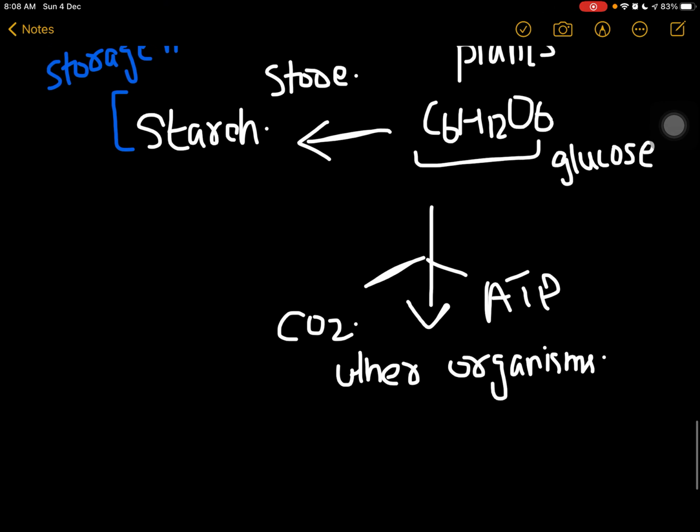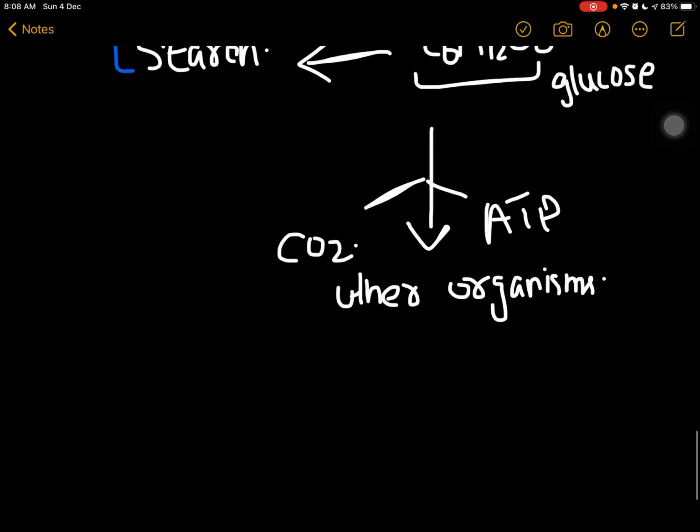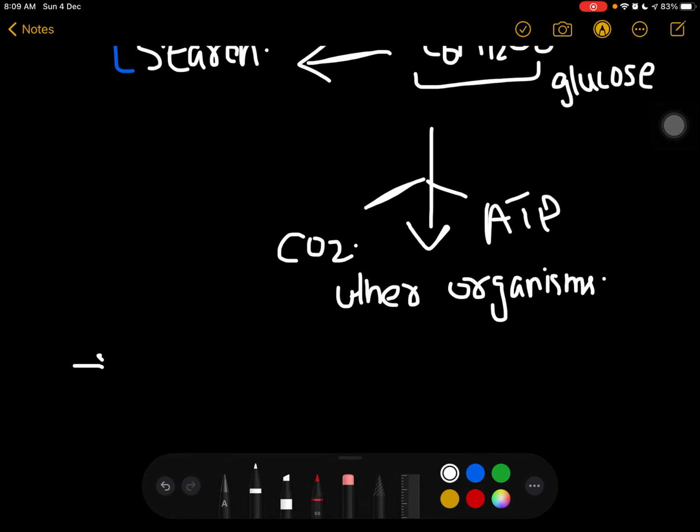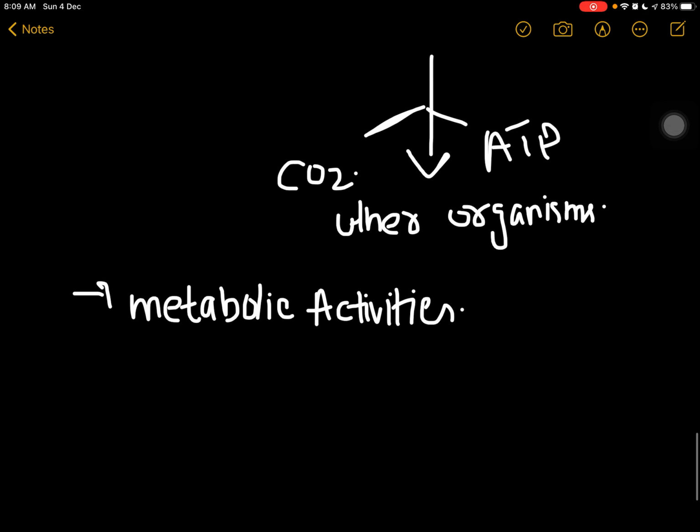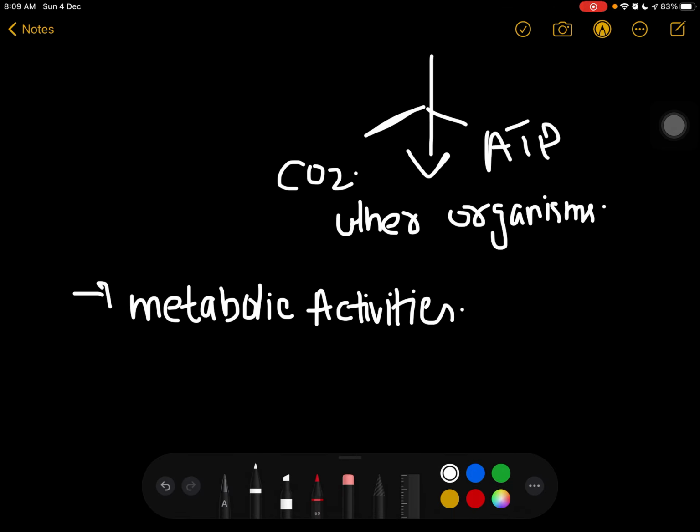And why do we require this ATP? Why do we need energy? For the process of metabolic activity, so that metabolic activities can take place, and they can release more amount of energy in order to do work. In order to do every kind of work, we require ATP, which can be easily generated by metabolic activity.